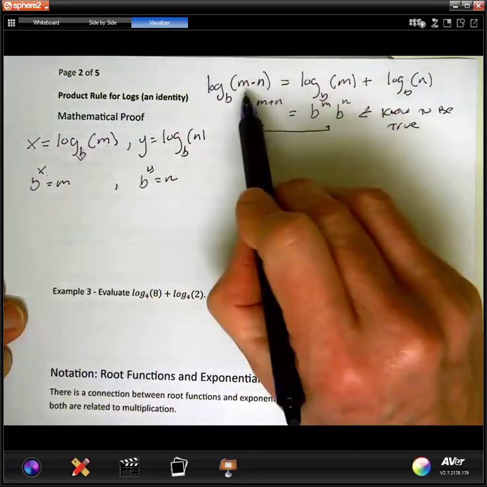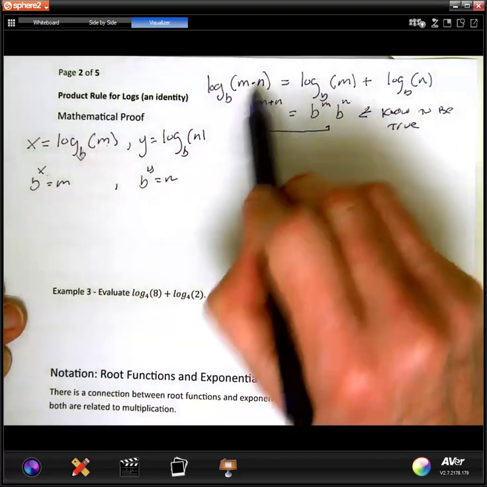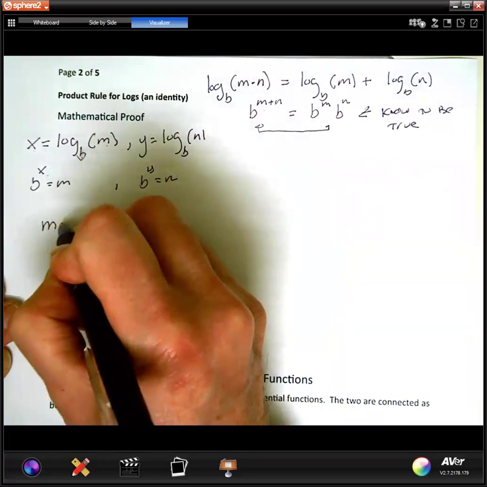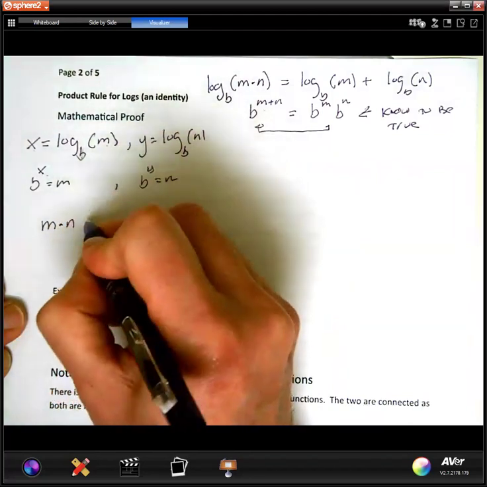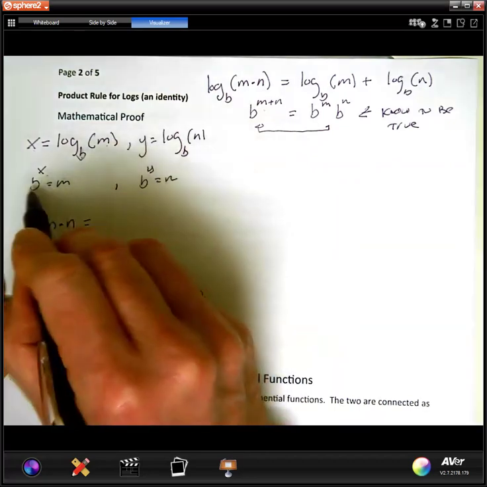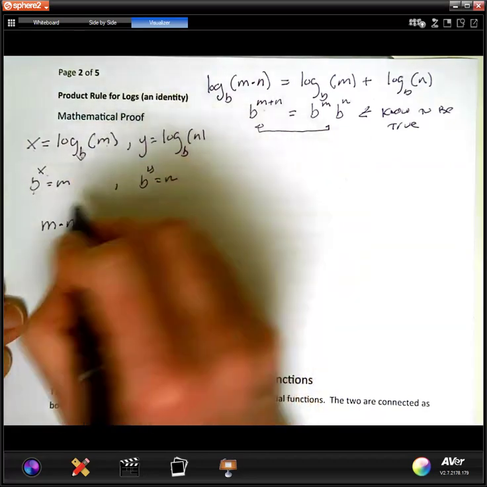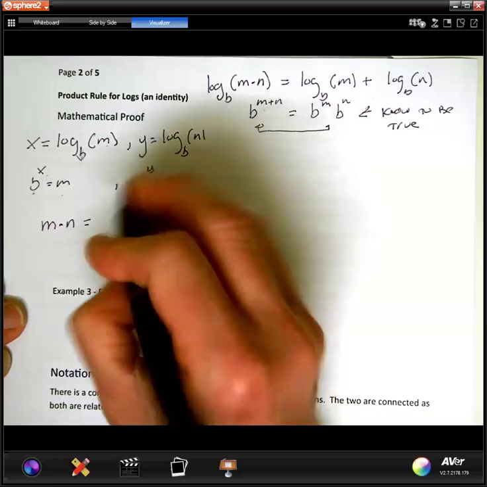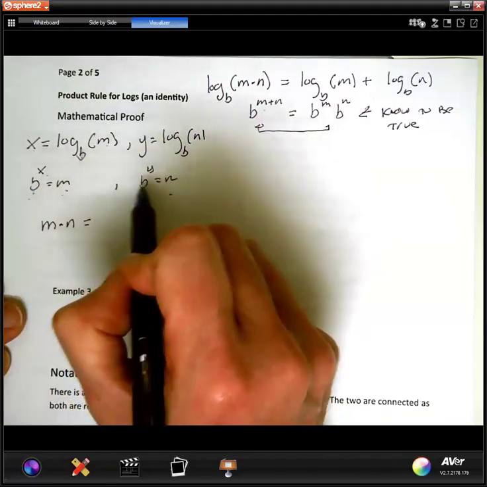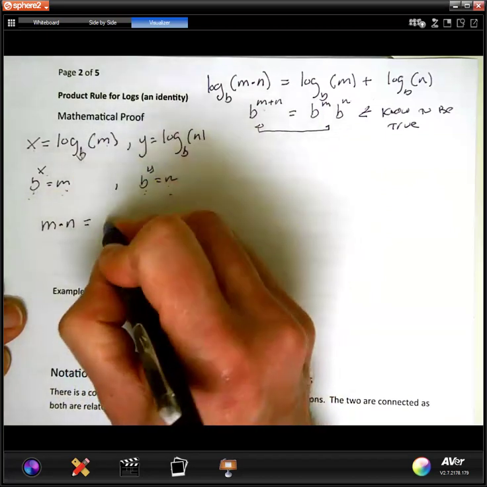Notice that this involves a product. So I'm going to take the product of these two, and on the other side, I'm going to take the product of their equivalents. Because these are identities, that's what it means: whenever I see this, I can replace it with that, and whenever I see this, I can replace it with that. They're equivalent.